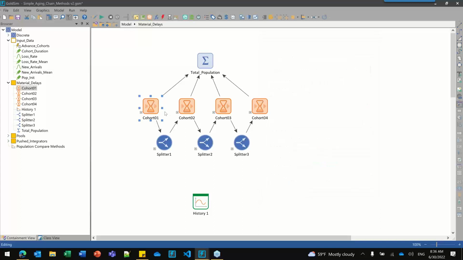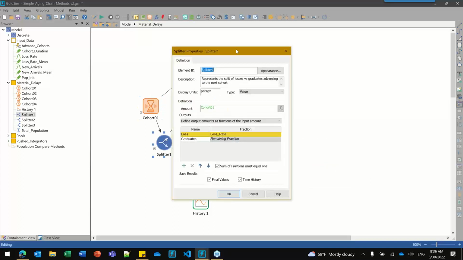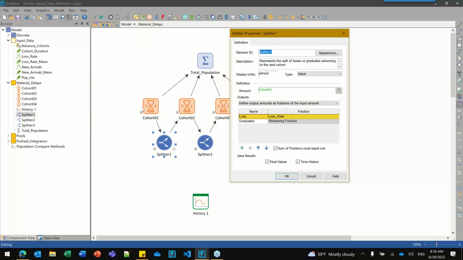Okay, then with that, we go to a splitter. And in the splitter, we're going to just accept whatever's coming off the end of the conveyor that will then graduate to the next cohort. And this is where you define the losses outside. So then we can put a loss rate here in our splitter, and this is just a percent because that's how splitters work.